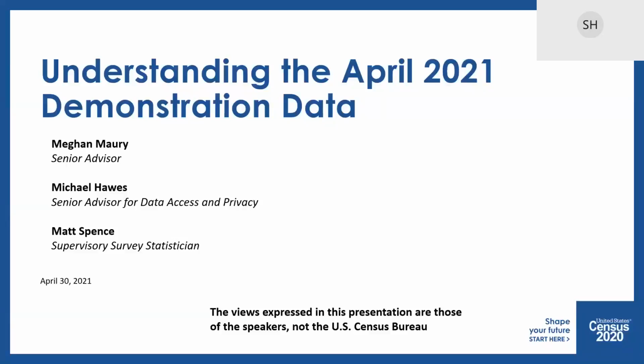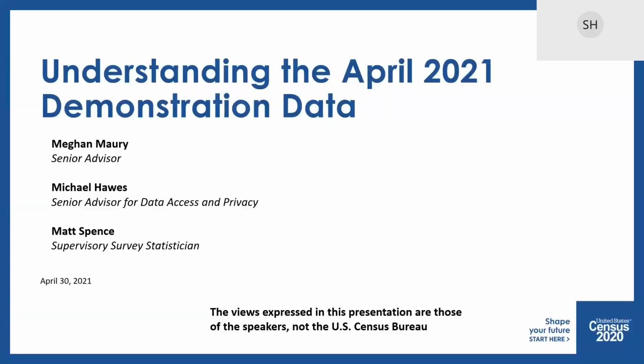Michael Hawes is part of a team that works on building the 2020 disclosure avoidance system. His role has been to take in user feedback and make sure it's well reflected in how the algorithm is built. I'm also joined by Matt Spence, who hopefully we will have on video in a moment. Matt's part of our population division.